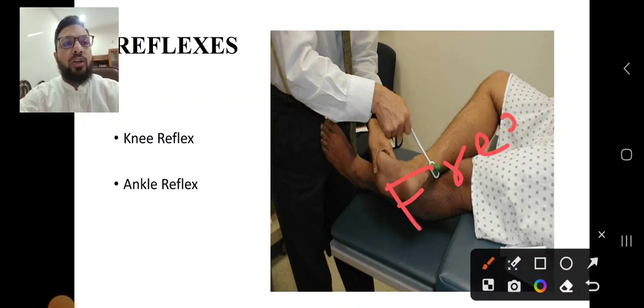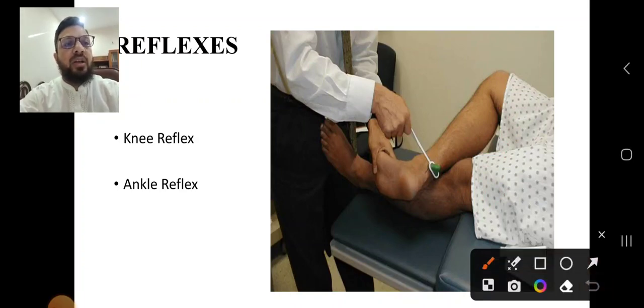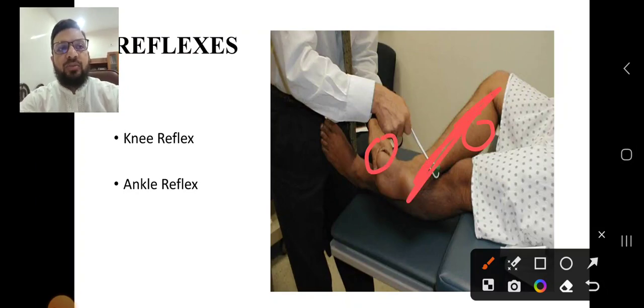It should not be just tapping like that. It should be a free fall. So it will be a free fall on this Achilles tendon, and you will look here, and you will stabilize it, and then your leg must be relaxed.